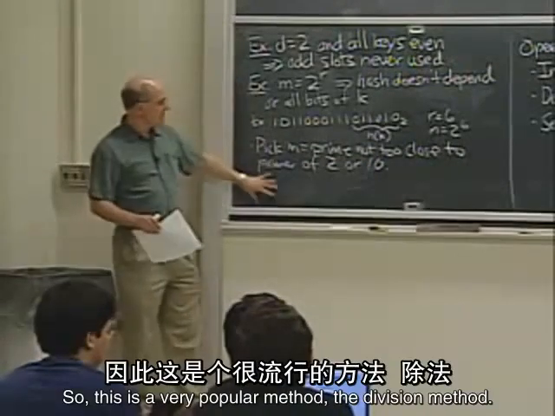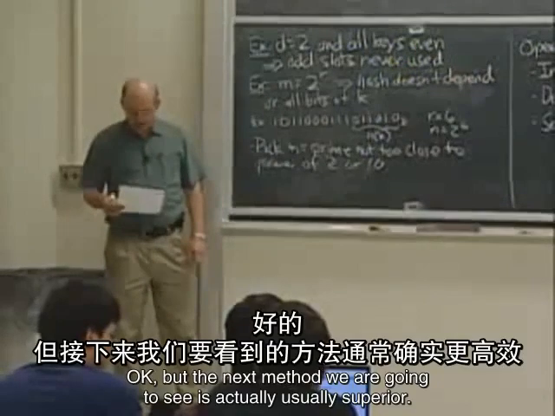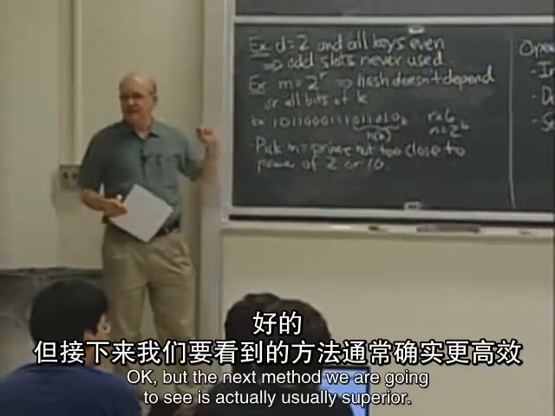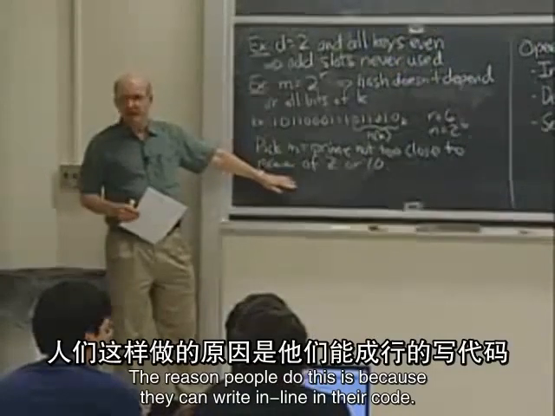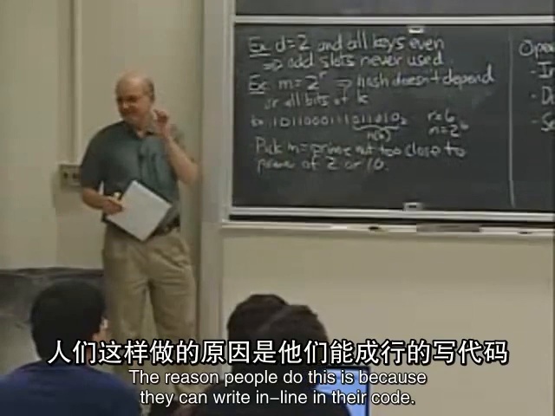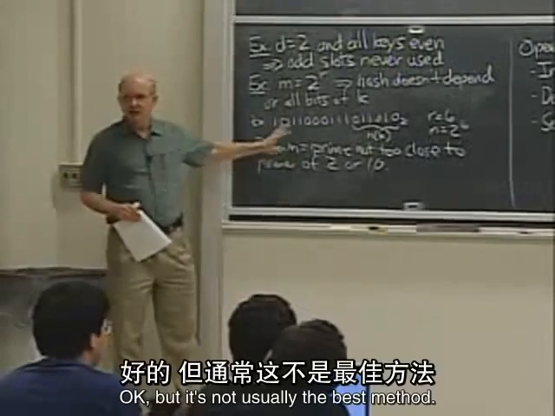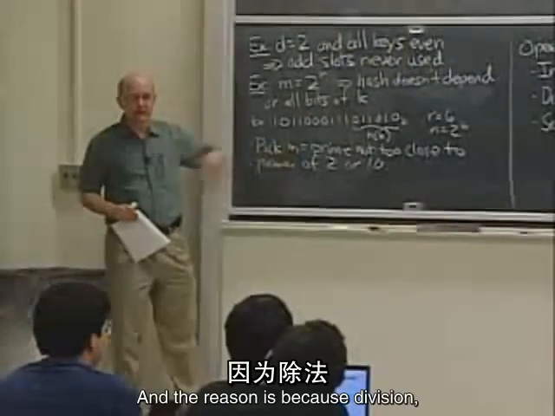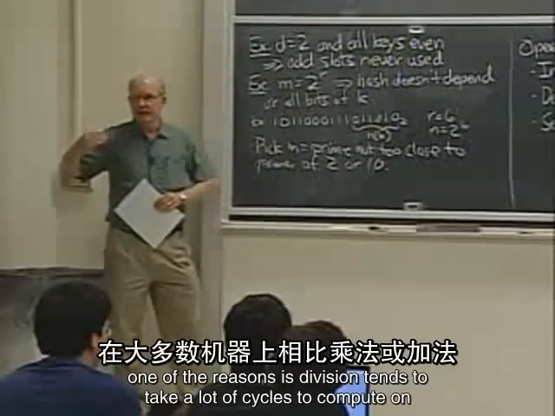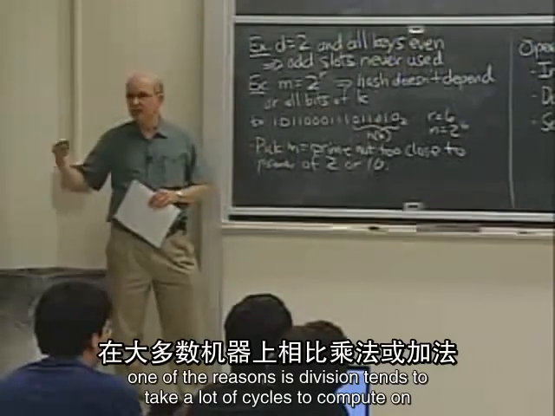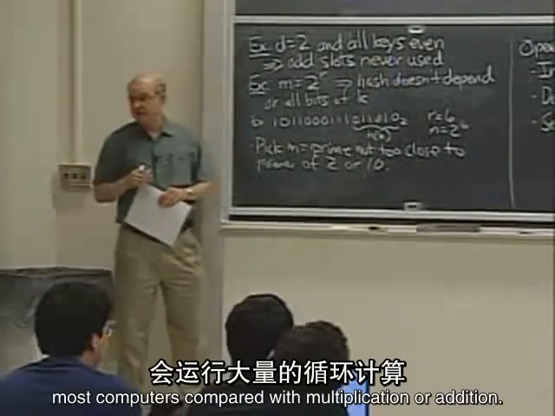So this is a very popular method, the division method. But the next method we're going to see is actually usually superior. The reason people do this is because they can write it right in line in their code. But it's not usually the best method, and one of the reasons is that division tends to take a lot of cycles to compute on most computers compared with multiplication or addition.